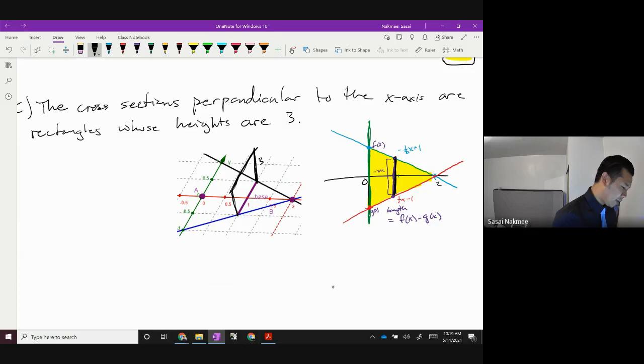That height right there is 3. So even if I did to here, this height would still go up to 3. See that? So at this point right here, man, that's a little tough to see, but hopefully you guys can see it okay. It goes up like so, but it goes up to 3.